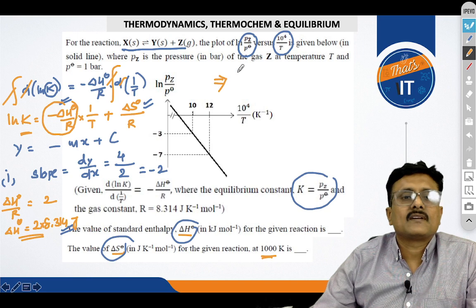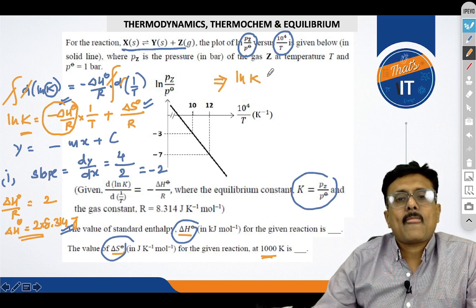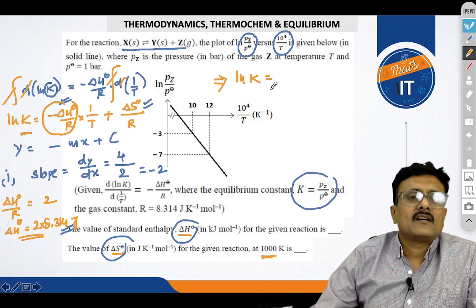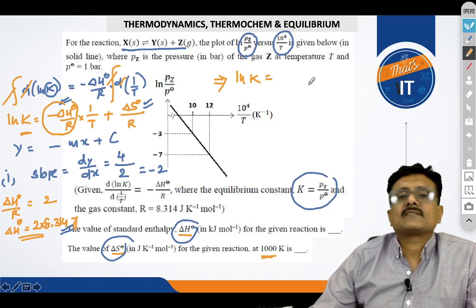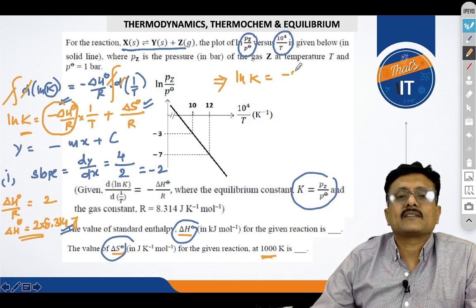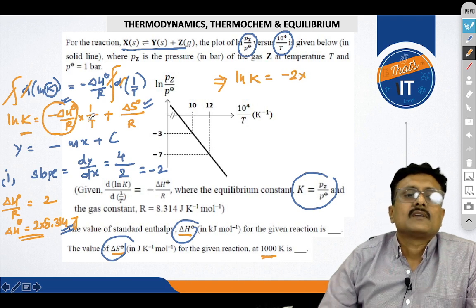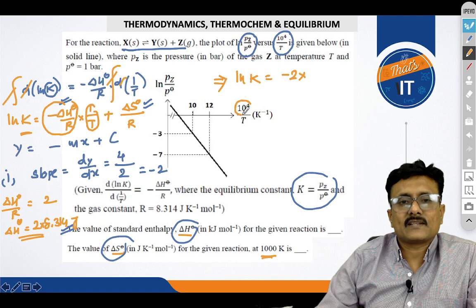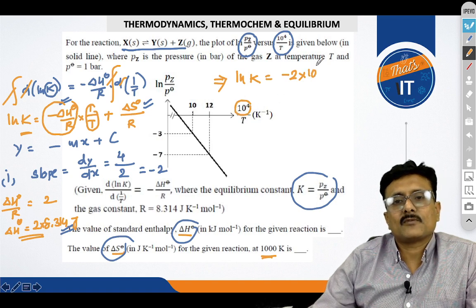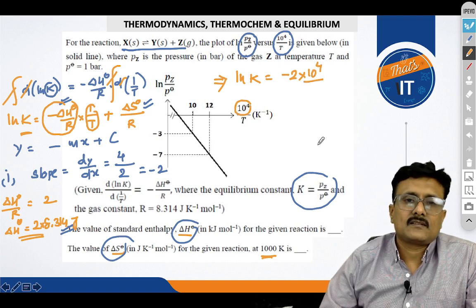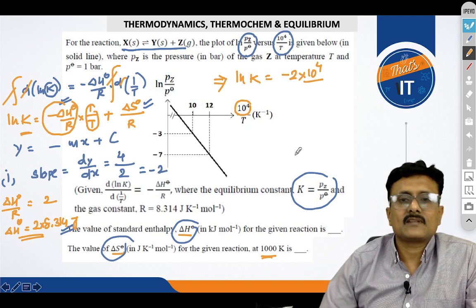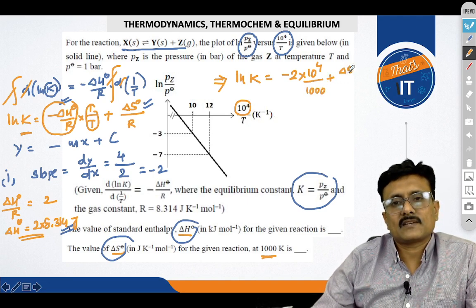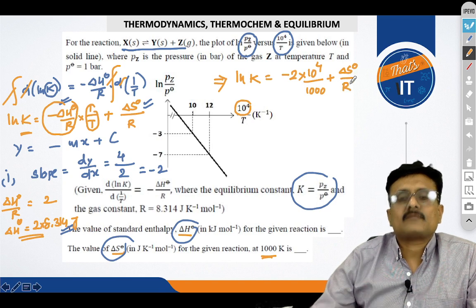Natural logarithm of K is equal to, alright, delta H naught by R, that is nothing but the slope, which is equal to minus 2 into, as the values are given, you can see 10 power 4 by T. So into 10 power 4 by T. What is the temperature over here? 1000 plus delta S naught by R.